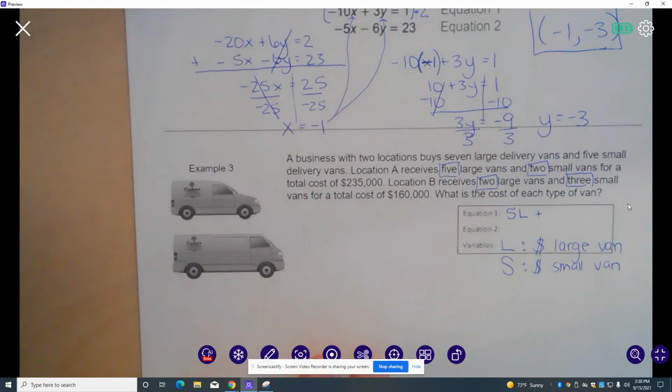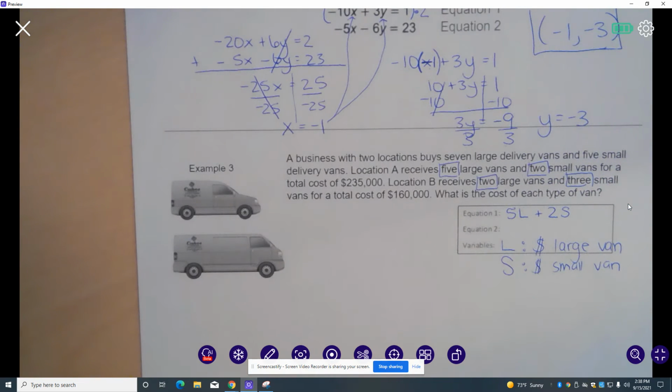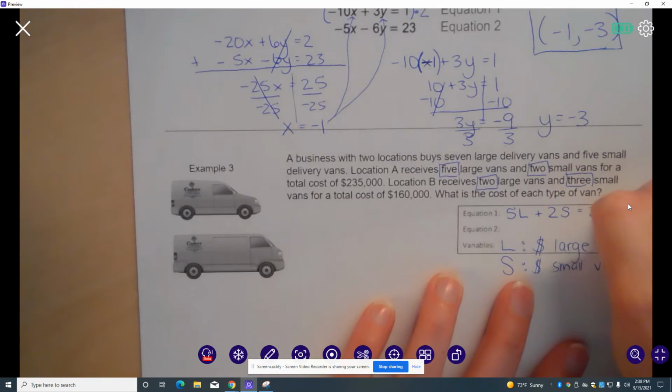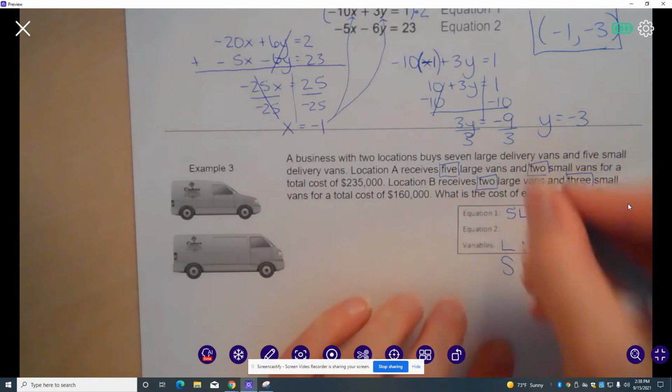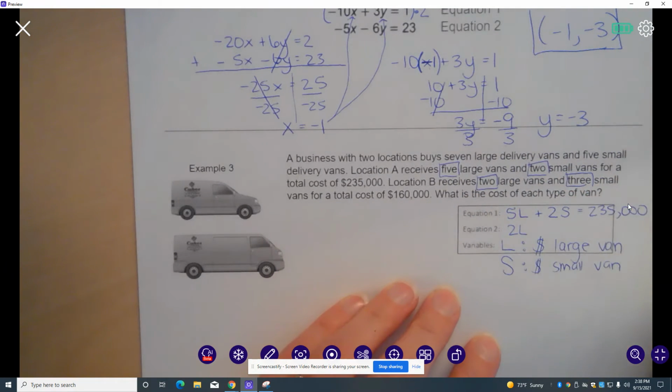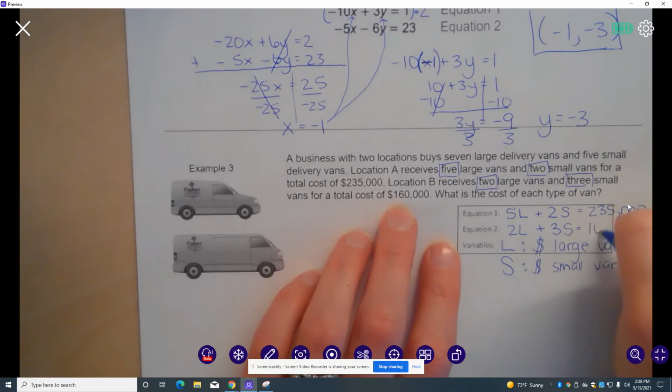Plus, they have 2 small vans, so 2S will be the cost of their small vans, and that equaled $235,000. For location B, the cost of their large vans will be 2L, and their small vans will be 3S, for a total of $160,000.